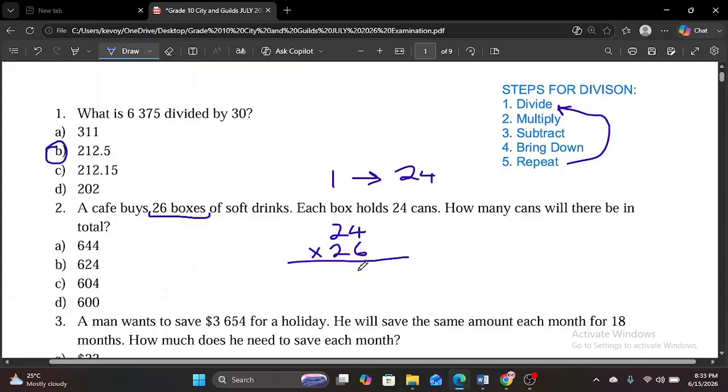So I'm going to put down my 4 right there. Then I'm going to carry over my 2 to be added. Then I'm going to multiply 6 times 2. So we multiply before we add. 6 times 2 is 12, and 12 plus 2 is 14.